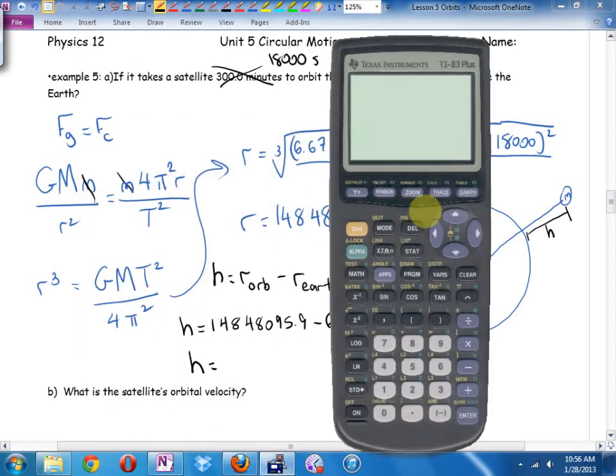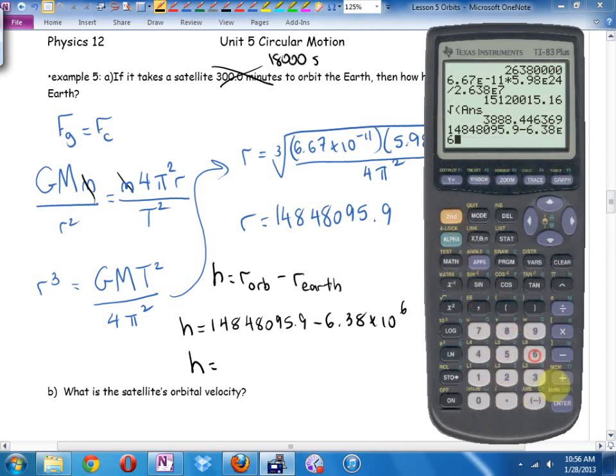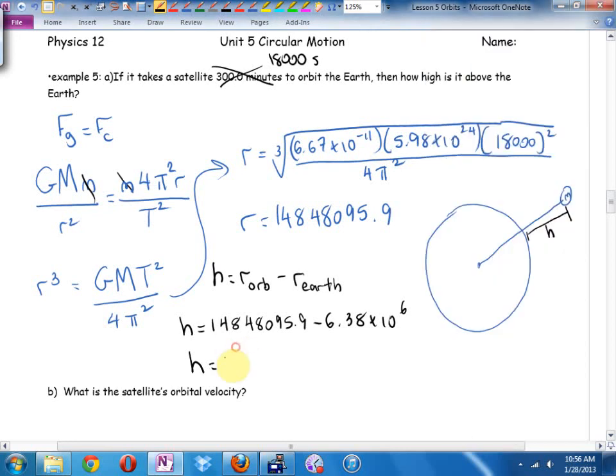Heck, I can type that in. 148,480,959 minus 6.38, scientific notation button, 6th. You get 8.47 times 10 to the 7. That's its altitude. Cool.